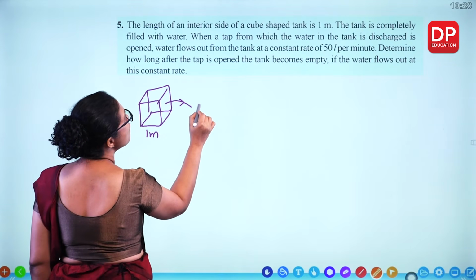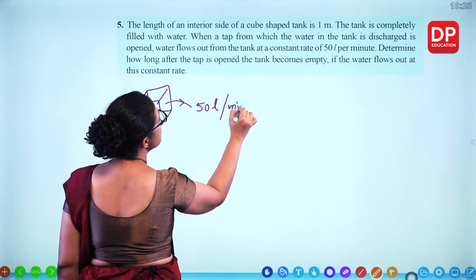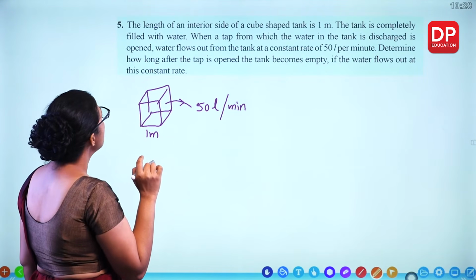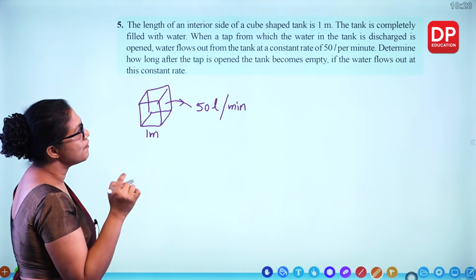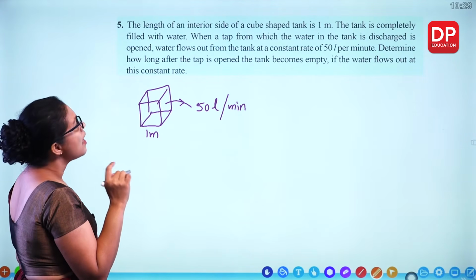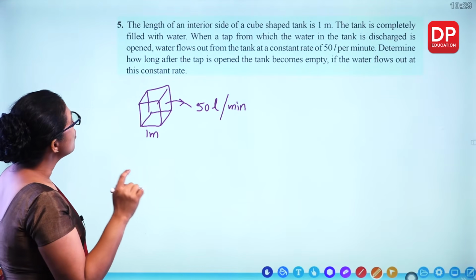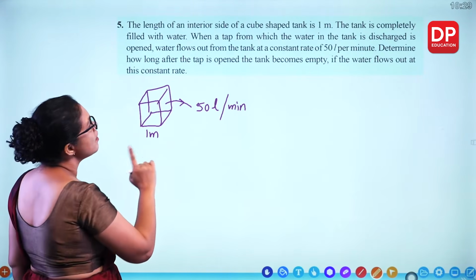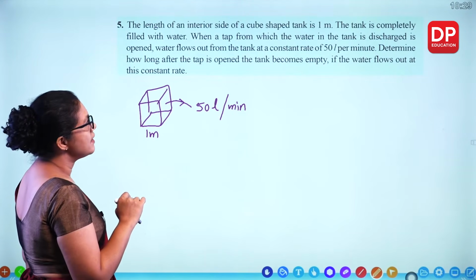Water flows 50 liters per minute. Determine how long after the tap is open the tank becomes empty if the water flows out at this constant rate. So this is in meters, so you have to convert to liters.